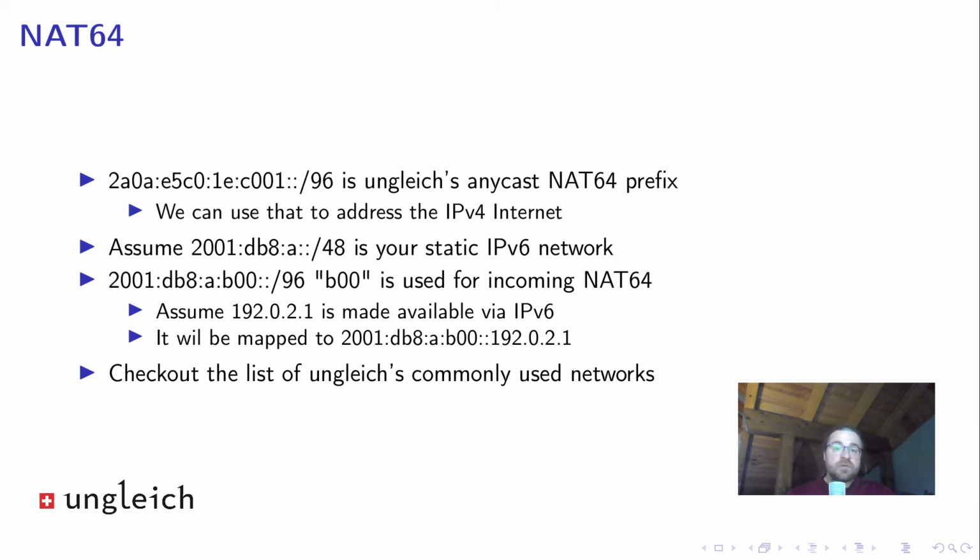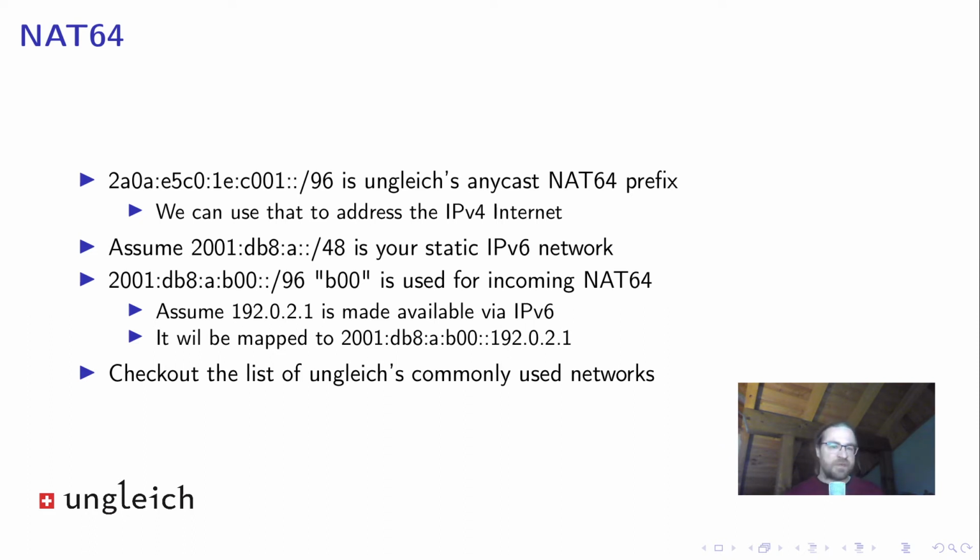So what we do is we say we just use this IPv6 address, which looks like an embedded IPv4 address, which it practically is. Alright, so that is all you need to know. You have access to your /48 network, you set up this IPv6 address on your side, and the rest is done at Ungleich. Pretty easy, huh?